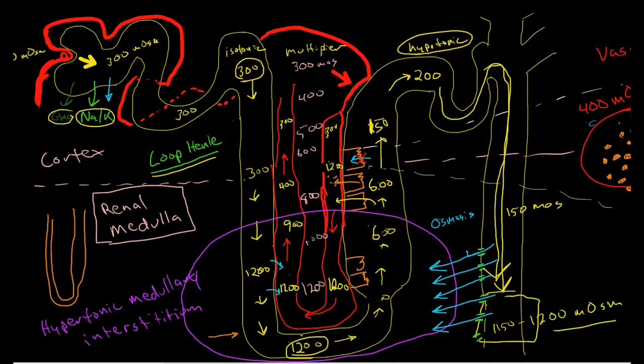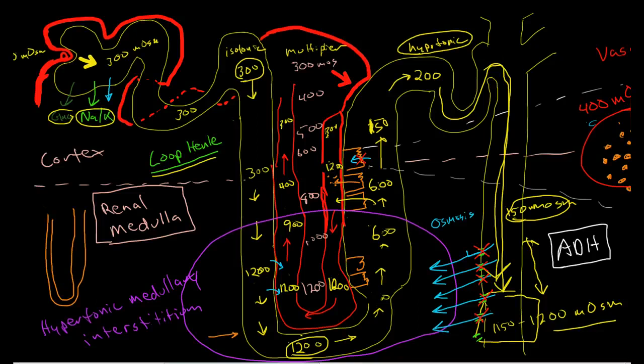Or if these aquaporins are closed because there is no antidiuretic hormone present, the body is not secreting it, then it could excrete urine that is as dilute as 150 milliosmoles. Okay, and this is all directed by the antidiuretic hormone, which directs how many aquaporins are open in the membrane at any given time.